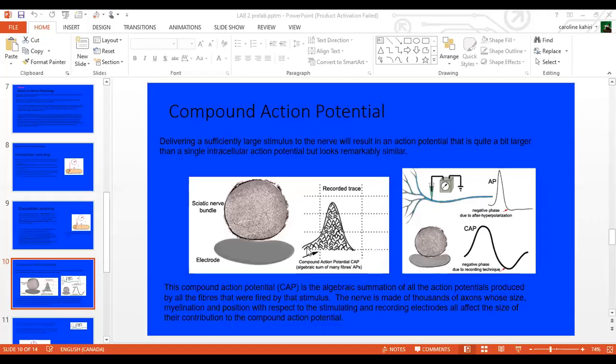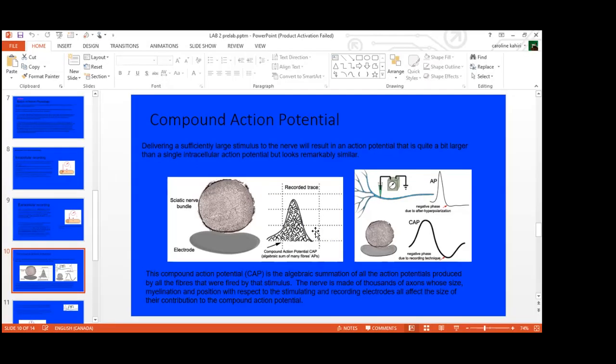So the first ones, the fastest to reach the threshold, will reach their peak action potential, and it will disappear. And then the next ones, which are next in line, have the next threshold, a stronger stimulation. They require more stimulus and they'll be more numerous. So with the compound action potential, this is the kind of trace that we expect.